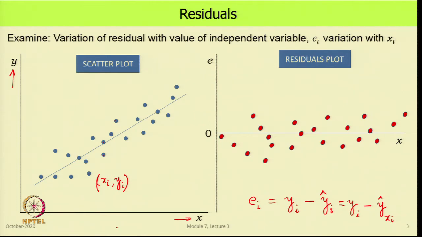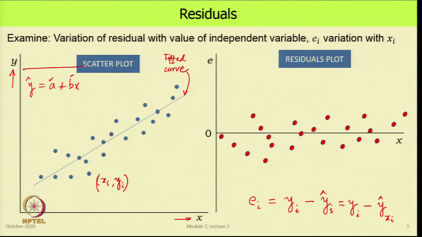To that we did a regression, and our fitted curve is over here. When we look at the regression, we do not see the points from which it came. We just have before us a relation which is y hat equal to a plus b x, where a and b are known to us.